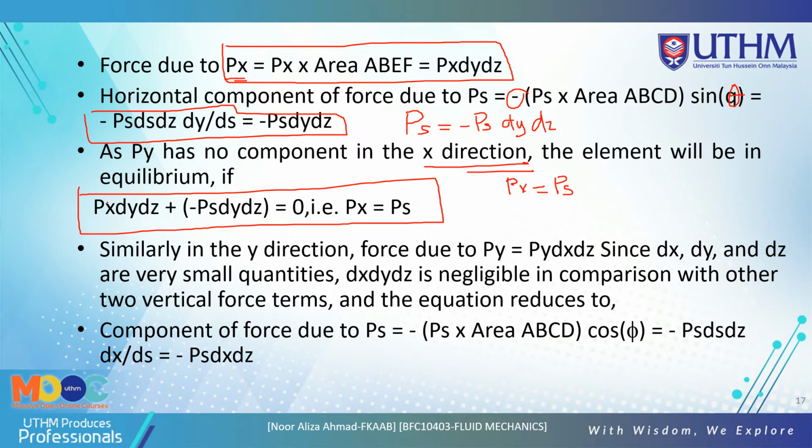To balance the forces, you must put PX equal to PS here. So you put PX dy dz here, and PS dy dz is negative, so the sum is equal to 0.